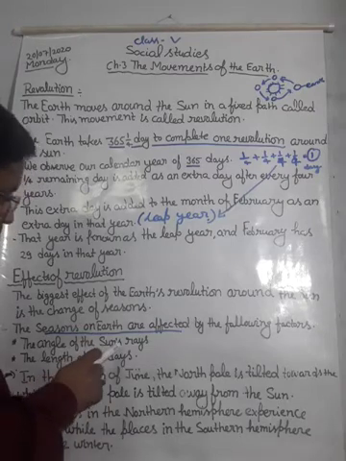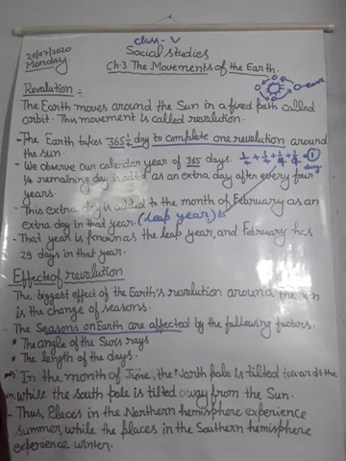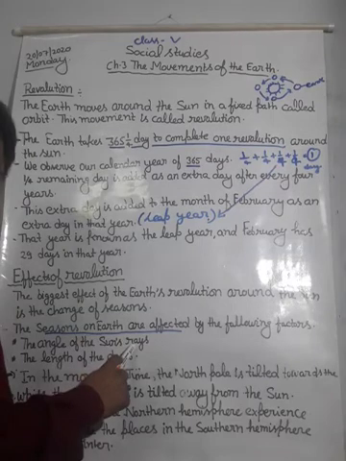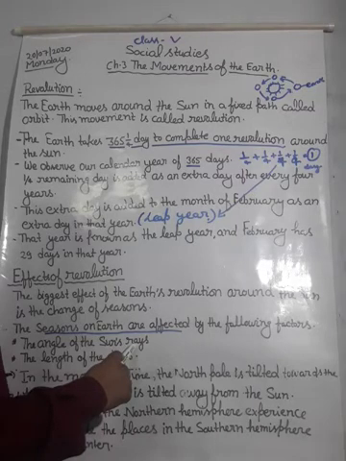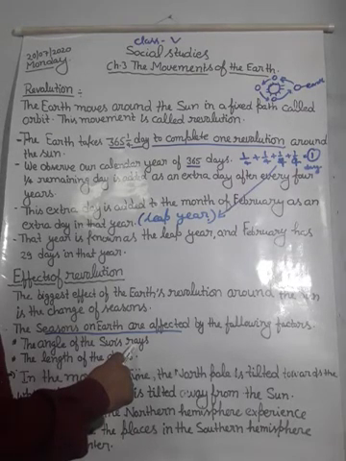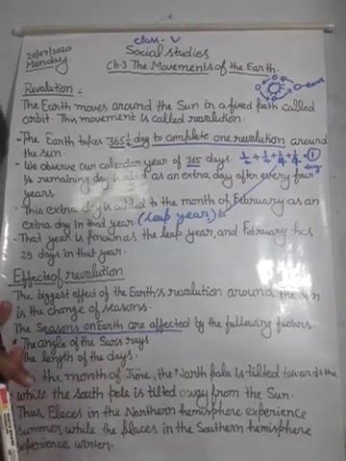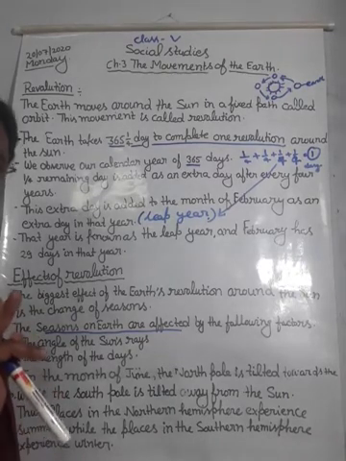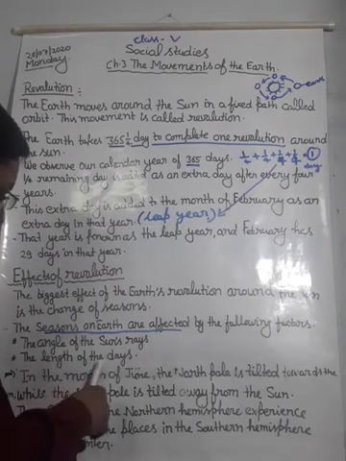The part of the Earth which directly faces the Sun will get more temperature and there will be summertime, and the part of the Earth which is away from the sunlight will have winter time. And the length of the day.